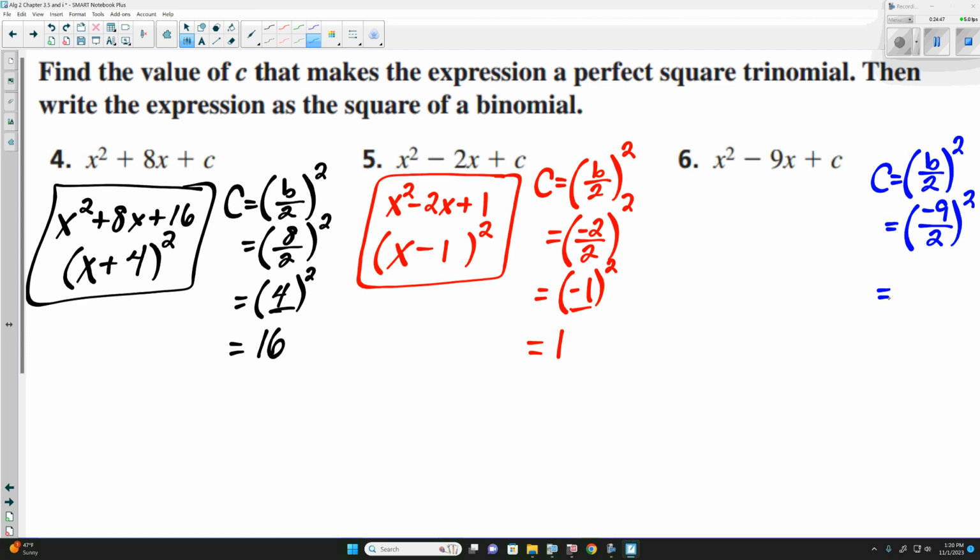Does 9 divide by 2 evenly? We would have a decimal, yes? In any of these cases here, leave it as a fraction. It's going to be easier to work with these and easier to solve these, especially when we start completing the square, if we leave them as fractions. Normally we like decimals better, but fractional form is going to be easier to work with. So since it doesn't reduce, we'll leave it as this here.